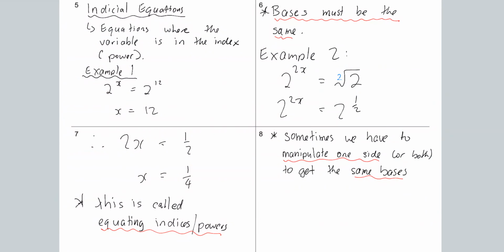Okay, the rest of the examples I've got are really just the same theme, that I have to manipulate until I get to the same base. I am going to change over now, so apologies for those that I haven't given you enough writing time. So let's take 2 to the power of x equals... I'm just going to put example 3 there, that's all.